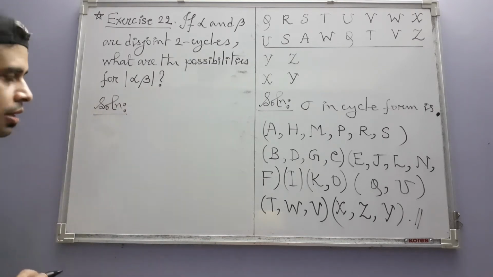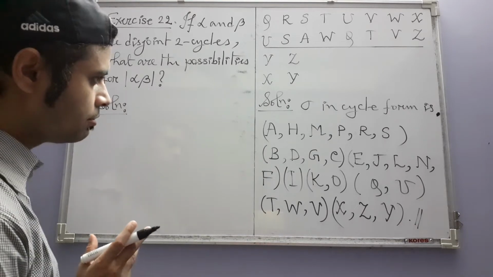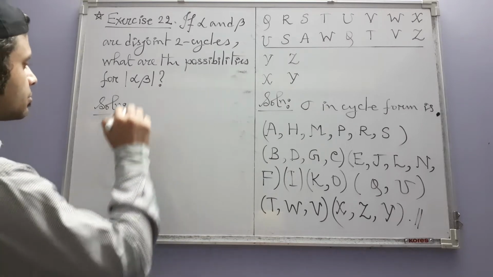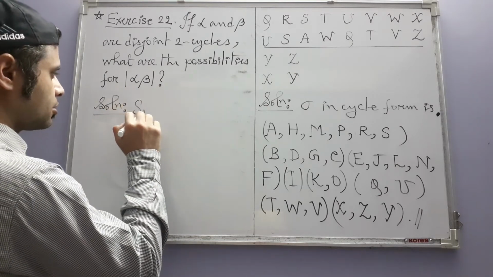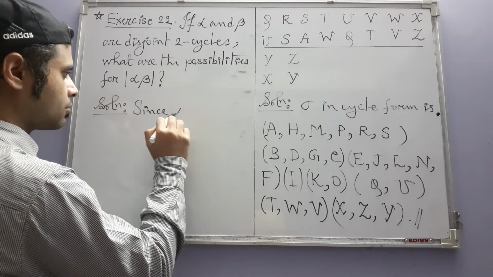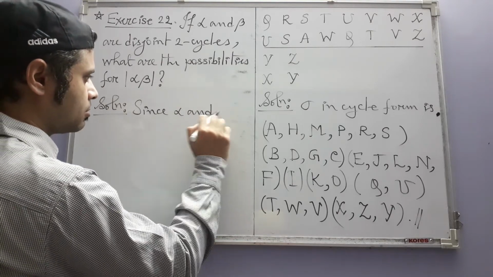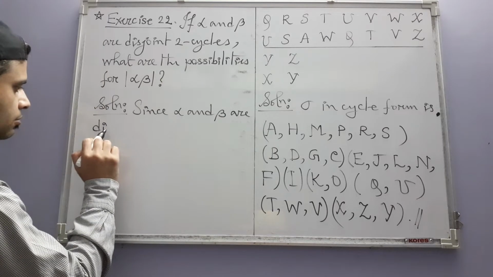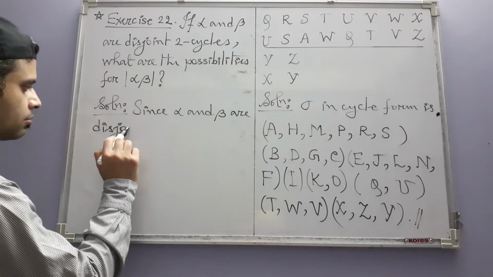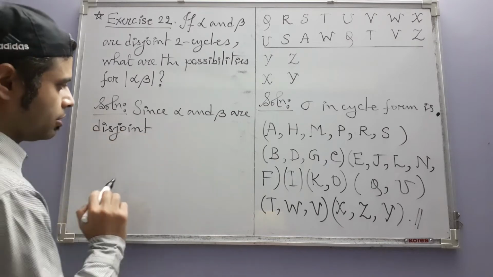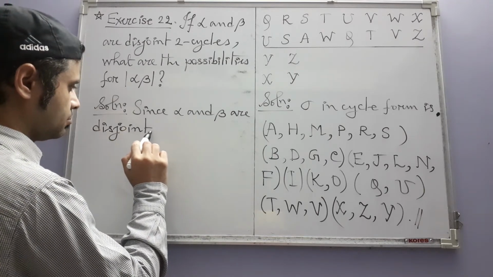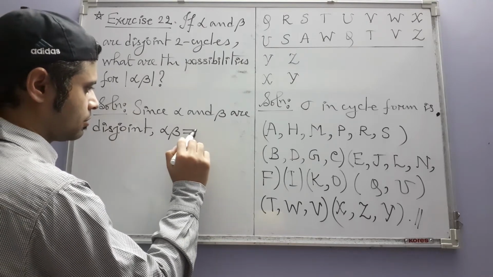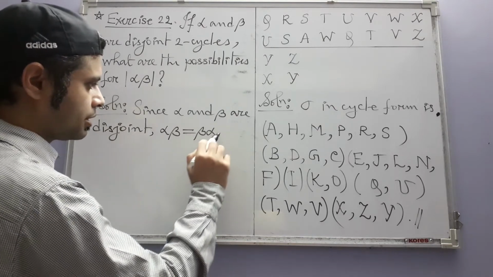To figure this one out, we are going to use the fact that disjoint cycles commute. Since alpha and beta are disjoint, we have this: alpha beta is equal to beta alpha.